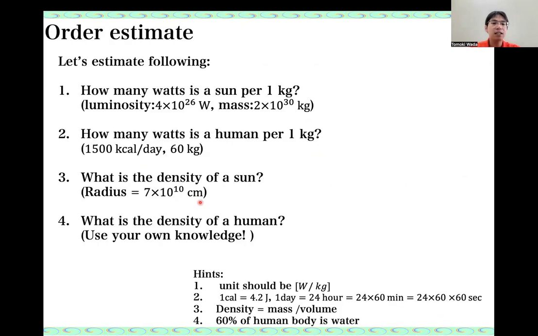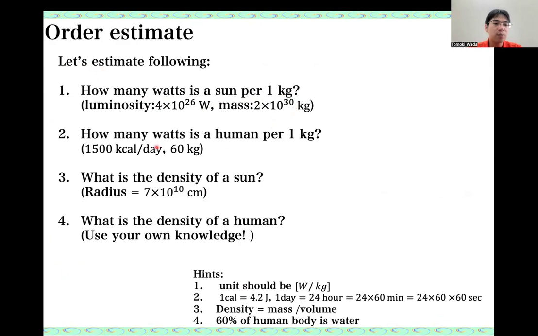Okay, here is the homework for this movie. Using order estimation, please estimate these 4 values. Here is a hint, but please try just looking at the problem first. I think you can estimate how many watts the sun produces per 1 kilogram using its luminosity and mass.